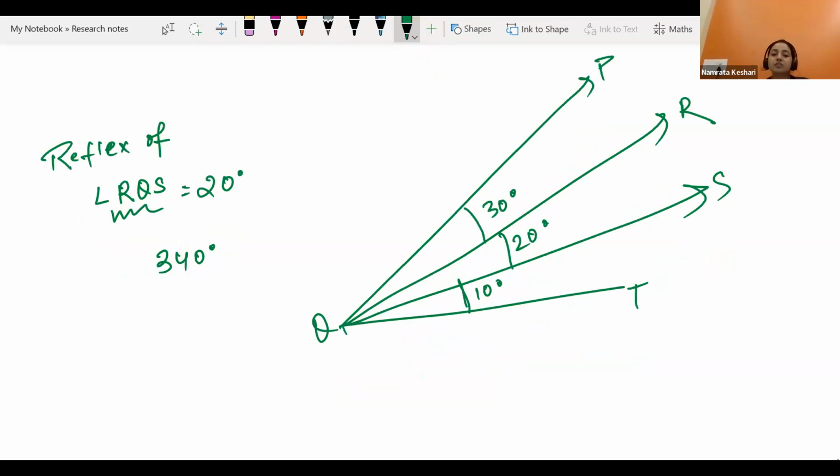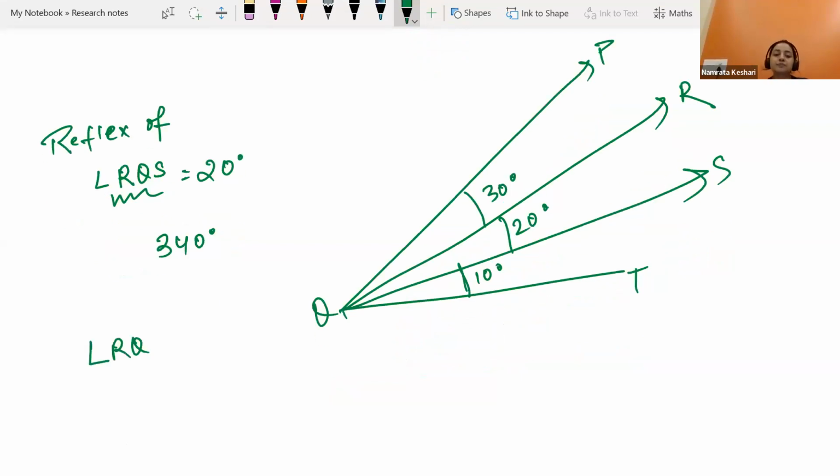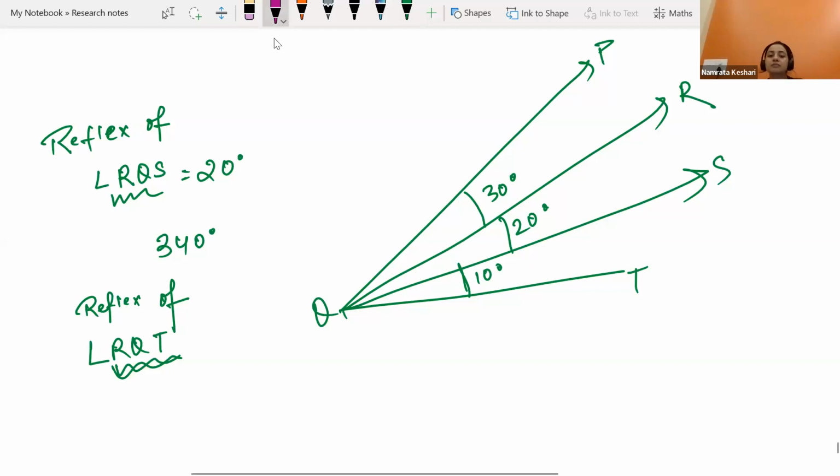What is the reflex of angle RQT? 10 degrees. 350 degrees. Okay, what is RQT, Heather? RQT, be careful. This much is RQT, right?